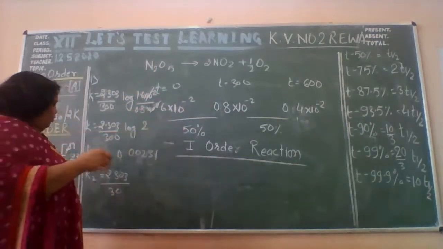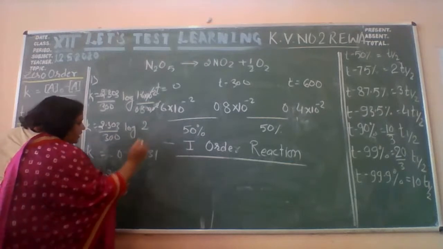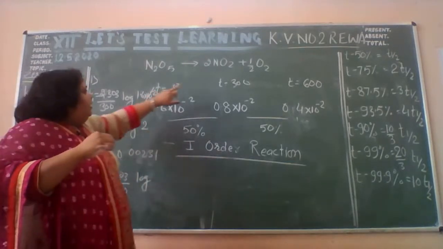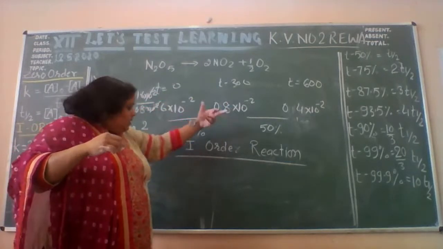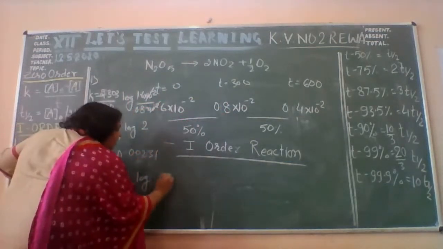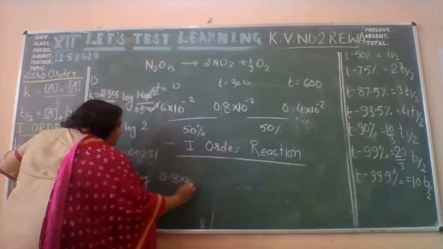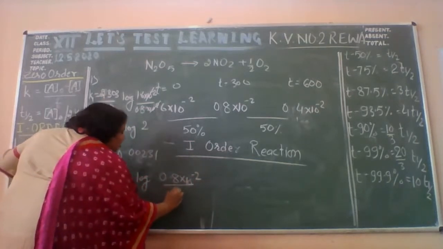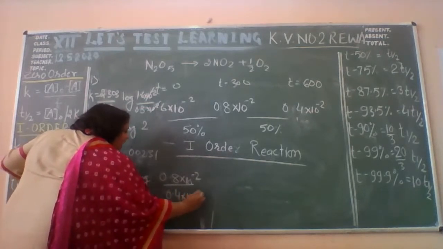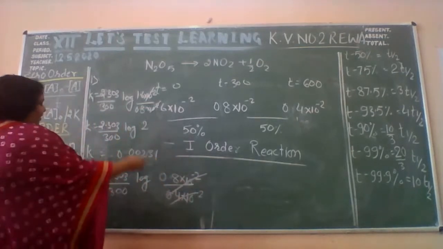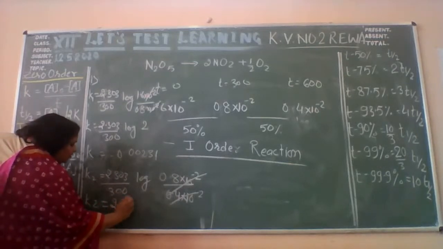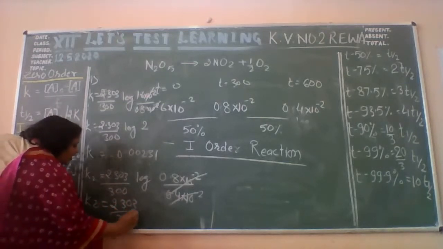Any formula you can use. 300 log. In this case, if you are taking 300, the initial concentration will be 0.8 into 10 to the power minus 2. And now you can see why I was not solving this at the moment. Again, you can see this is the value 2 here. Again, K2 is equal to 2.303 upon 300 log 2.